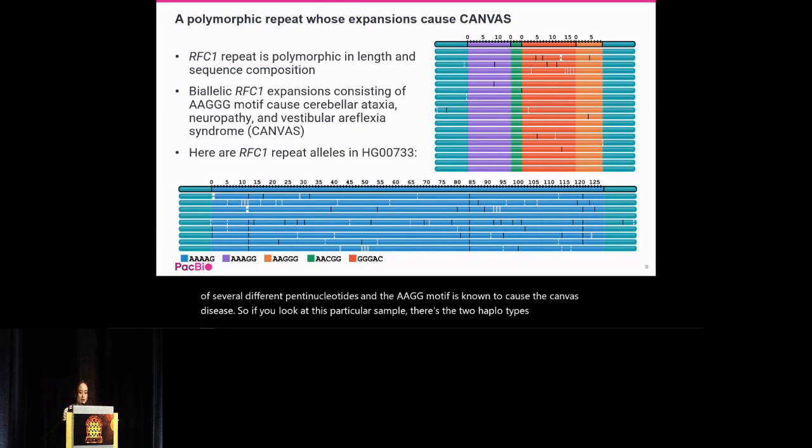Below, you're seeing this AAAG being expanded, but this is actually not pathogenic. The pathogenic allele is actually the one above, where you're seeing 5 different motifs being expanded. And in fact, it is the orange one, the AAGGG, that's the one that's pathogenic. I will later show you a publication that's looked at using TRGT to look at a variety of other diseases.